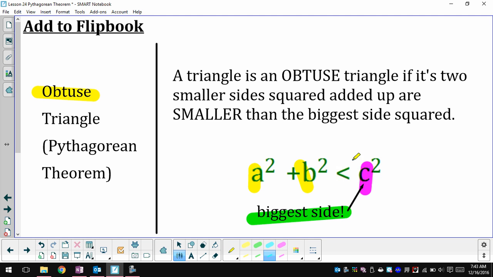And make a note here that this symbol is the less than symbol. We're saying that a squared plus b squared is less than c squared, or that c squared is the bigger side.